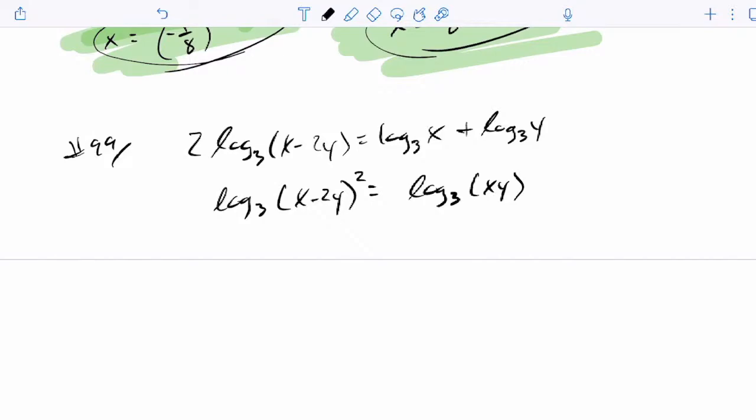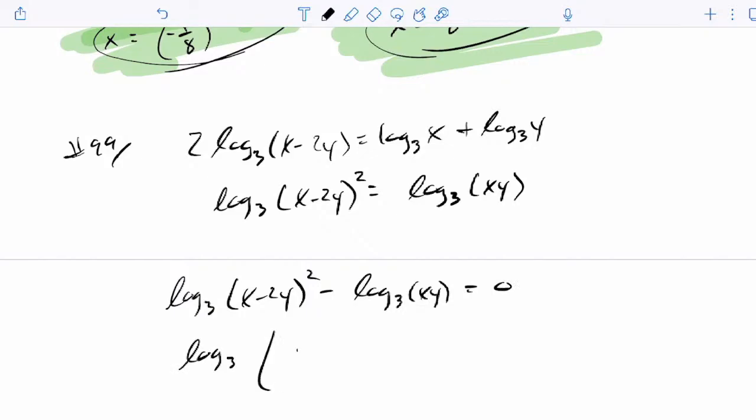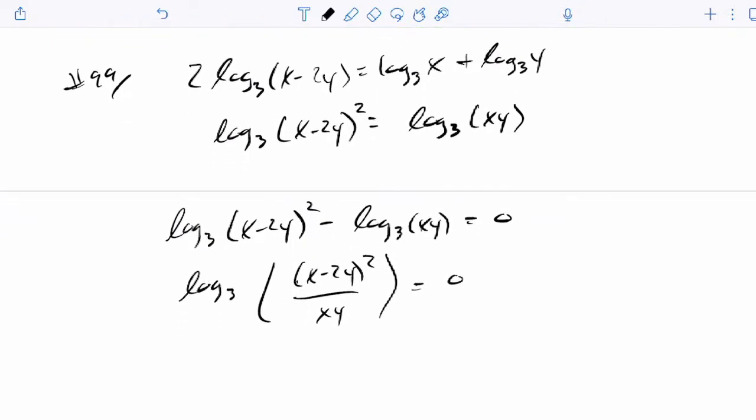So let's bring it to one side. Okay, let's use our log properties to simplify this. So I can bring this all to one side. Then this becomes log base 3 of x minus 2y squared over xy is 0. Right, then I go right to exponential form over xy.